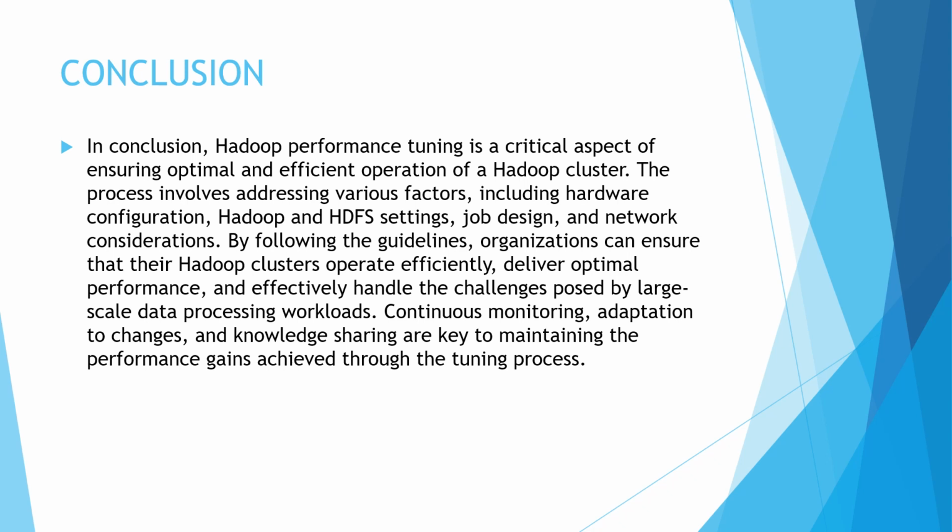By following these guidelines, organizations can ensure that their Hadoop clusters operate efficiently, deliver optimal performance, and effectively handle the challenges posed by large-scale data processing workloads. Continuous monitoring, updating to change, and knowledge sharing are key to maintaining the performance gains achieved through the tuning process.